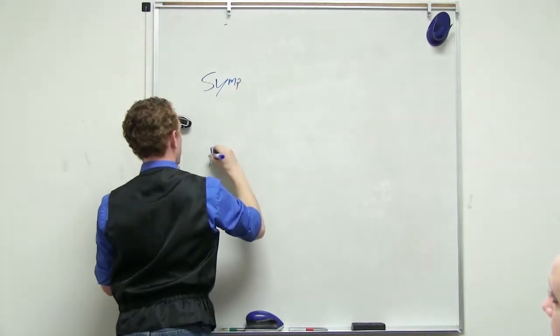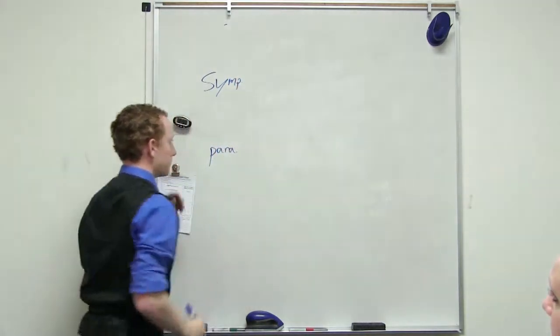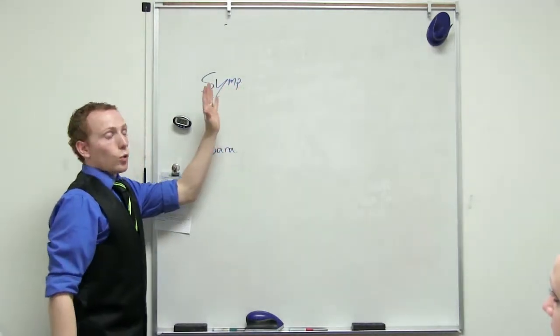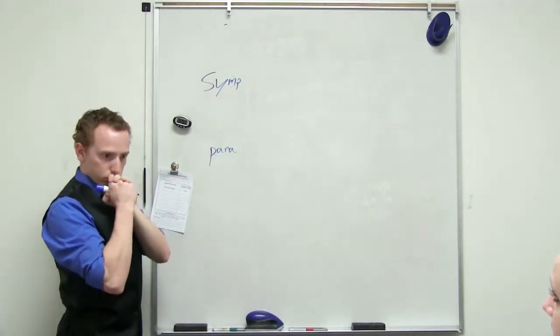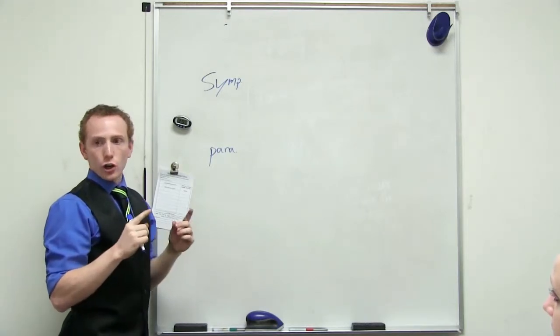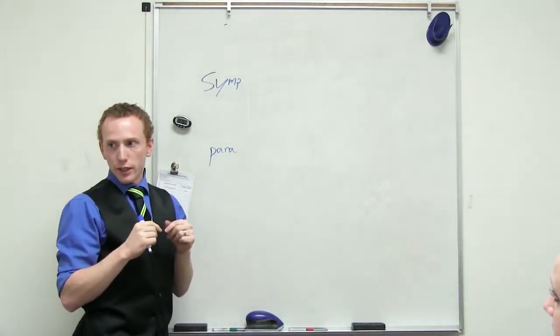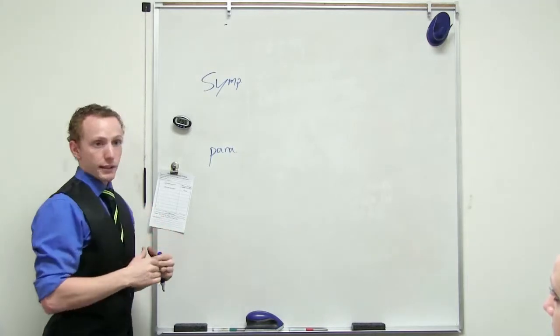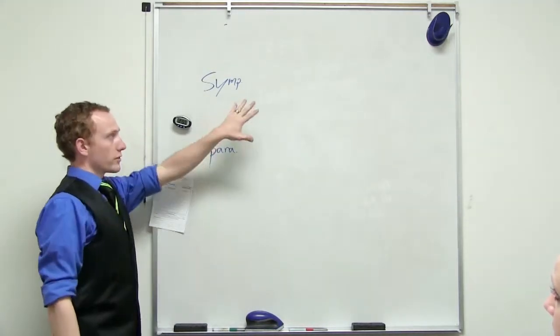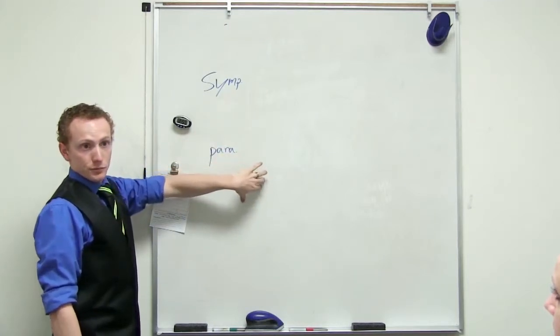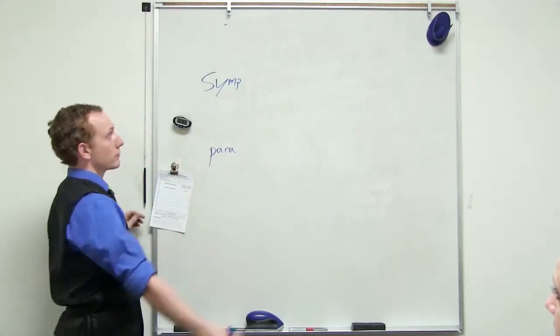Sympathetic and parasympathetic, okay? They're two neuron systems from the spinal cord, whereas the somatic is one neuron from the spinal cord. What does it look like? So sympathetic is short and then long.